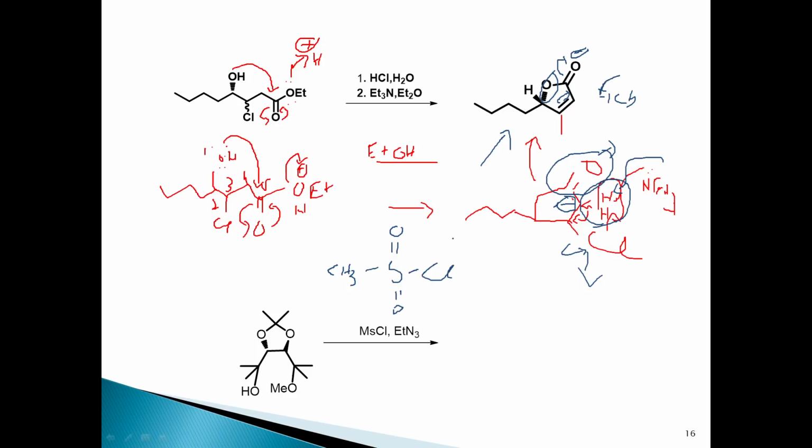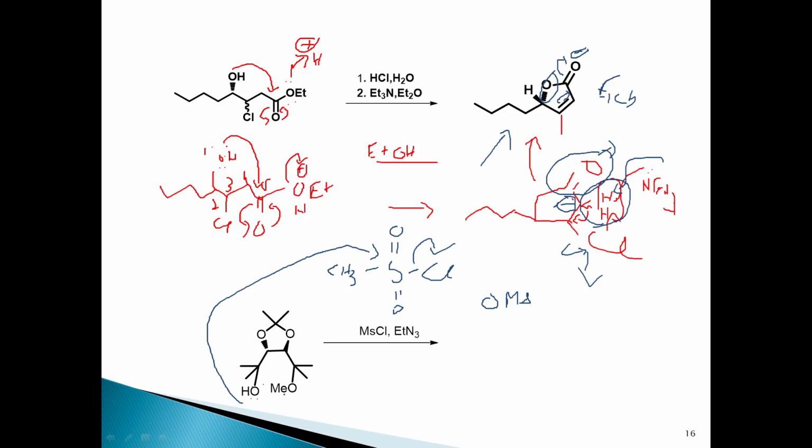Now what happens is this mesyl group makes the OH a very good leaving group. How? Because we have a lone pair of electrons on this OH group, this oxygen attacks this sulfur, and this Cl is kicked off, and what is generated is an O-mesyl group, right?